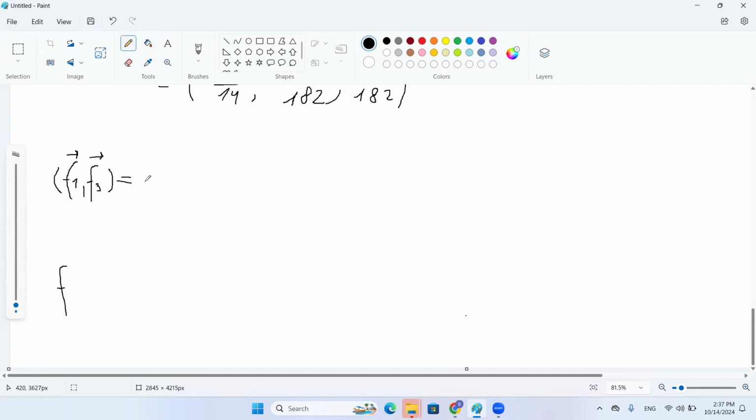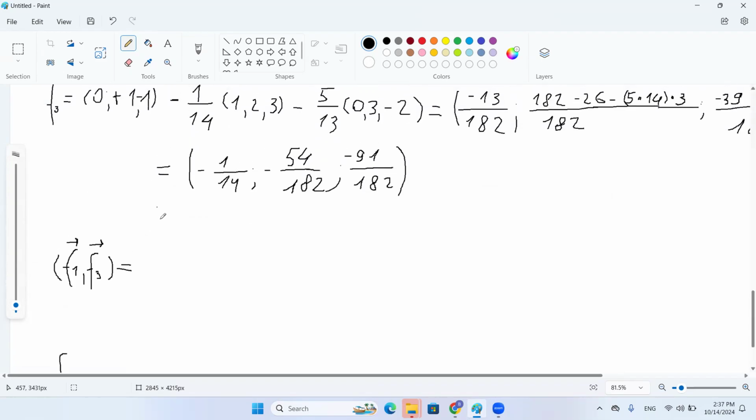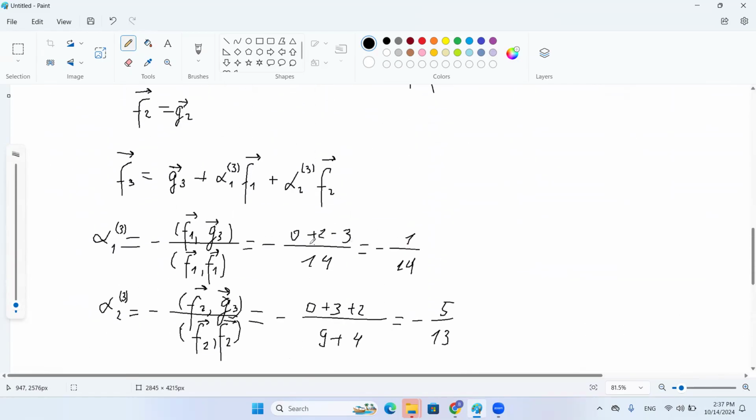What will be the first one? 1 over 14, yes, without minus. Yes, without minus. I forgot about this minus. So yeah, that was a mistake.